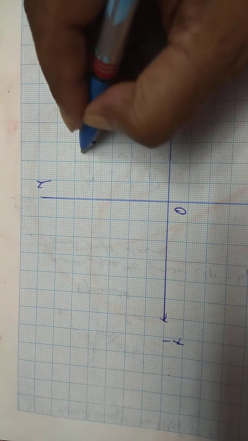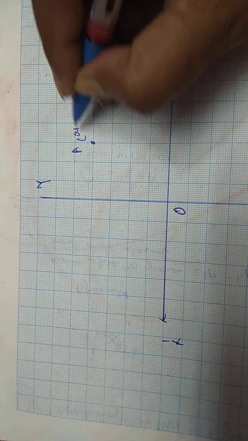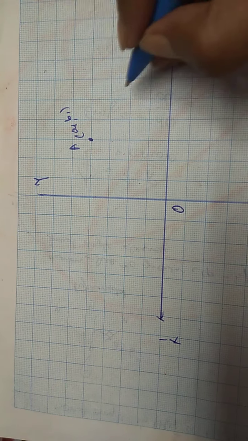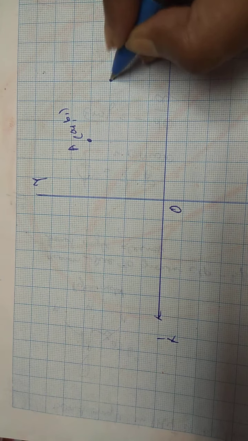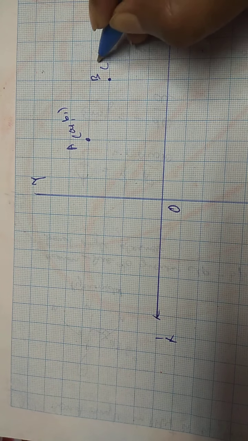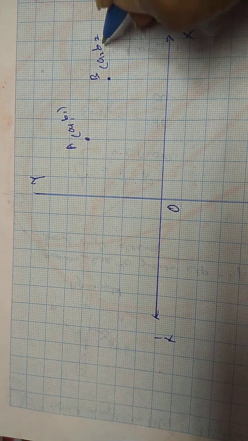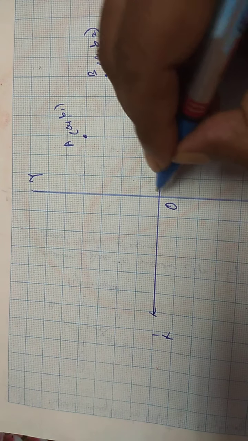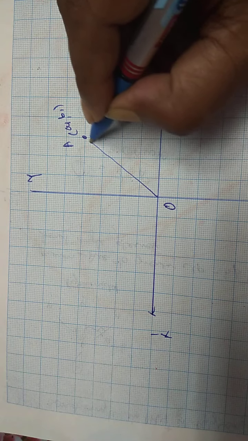Suppose this is a point A. Its coordinate is A1, B1. Another point B, whose coordinate is A2, B2. So what will be the vector OA?